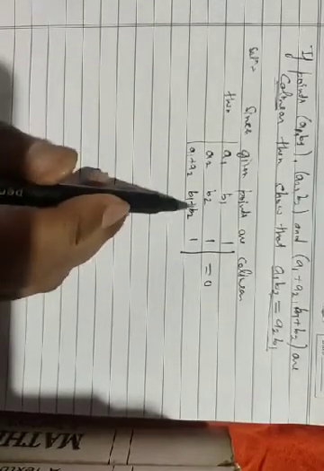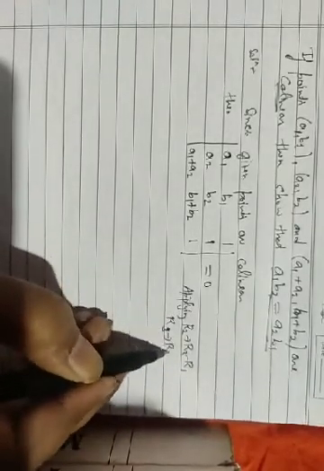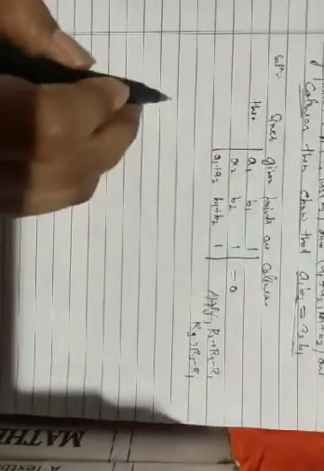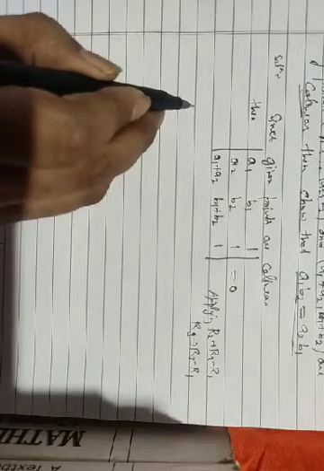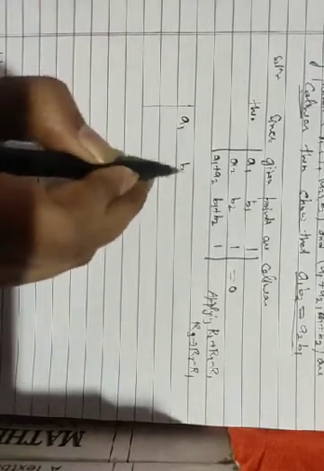Now we apply properties of determinants to make two of the elements 0. We change R2 to R2 minus R1 and R3 to R3 minus R1. There is no change in R1, so we write a1, b1, 1.